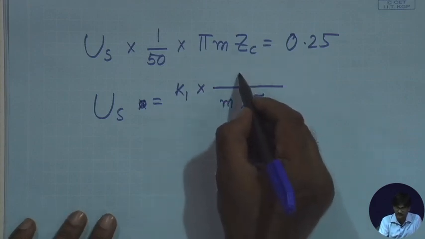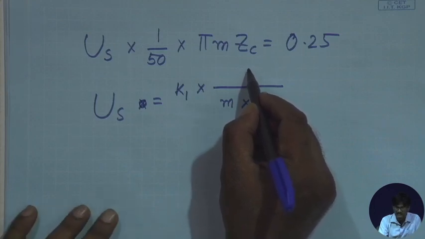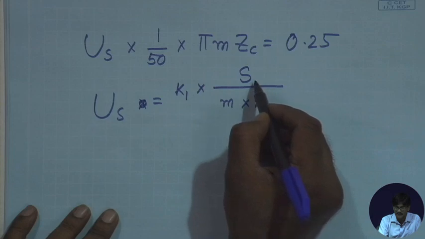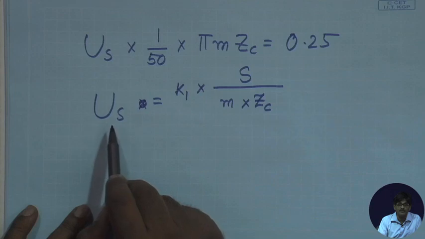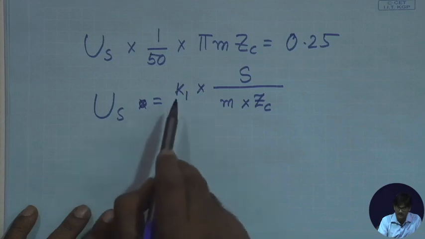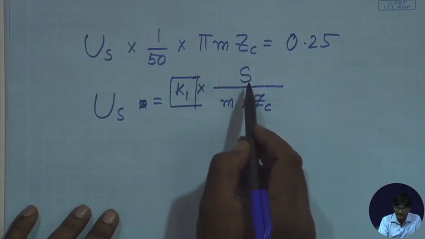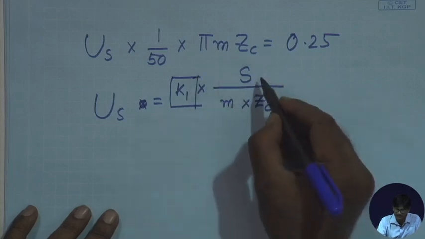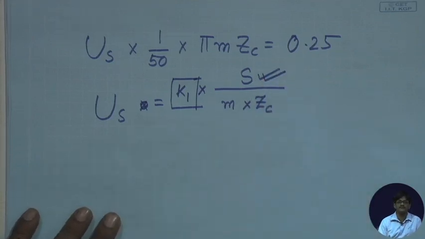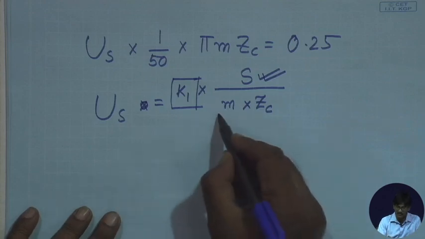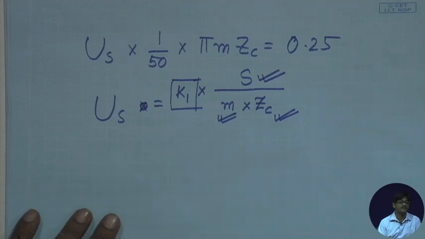Okay. We can call it F or we can call it S. Let us call it S. So, we find that the feed gearbox ultimately depends upon some machine constants, and it depends upon the feed specified, the module and the number of teeth on the cutter. It depends upon these things.